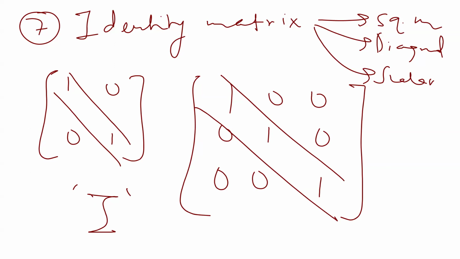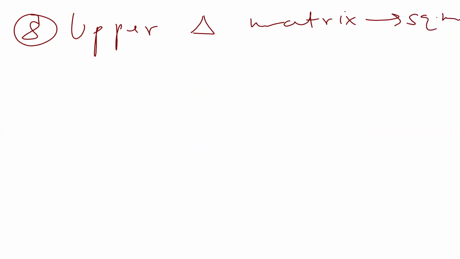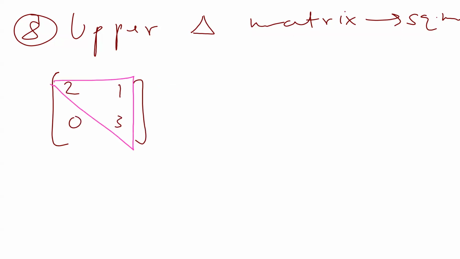Next one, upper triangular matrix. First of all, it is a square matrix. So it forms an upper triangle like this. Only this element will be zero.